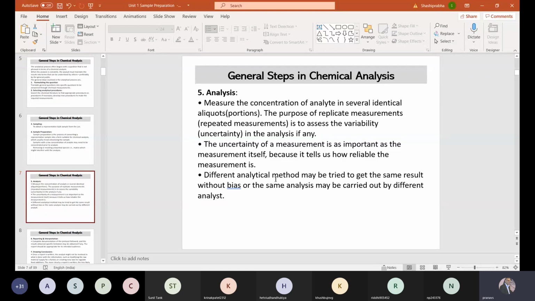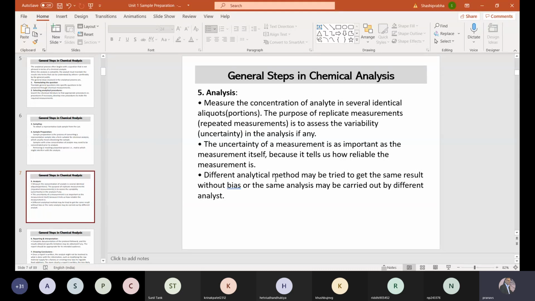And for accuracy, what we can do is use 2-3 different methods, 2-3 different techniques, and see whether we are getting the same result. If we still get the same result, then we say that yes, our results are precise, and at the same time they are accurate as well. So possibly this would be the true value or close to the true value.